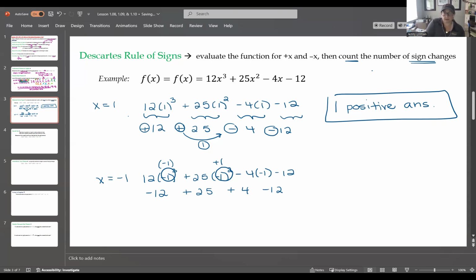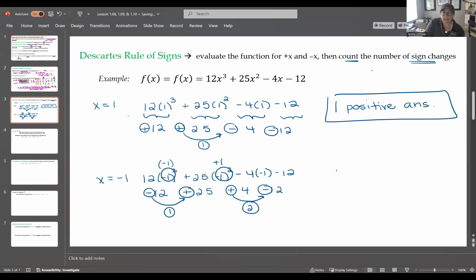So I start at negative and change to a positive. That's 1 change. I stay positive from positive to positive, but then I change again. So I see 2 sign changes when I plugged in a negative.